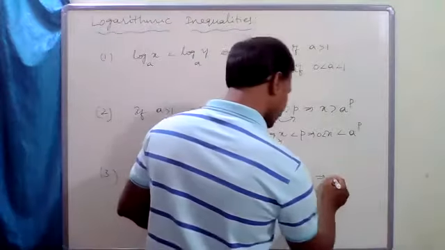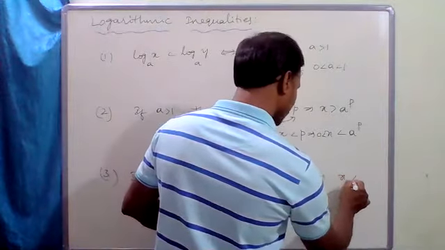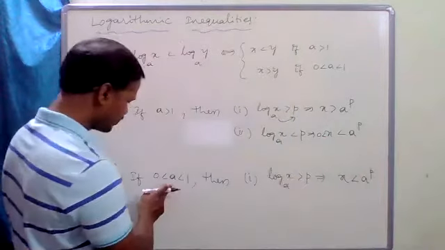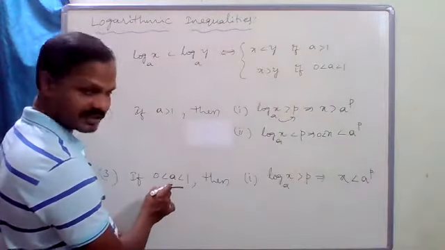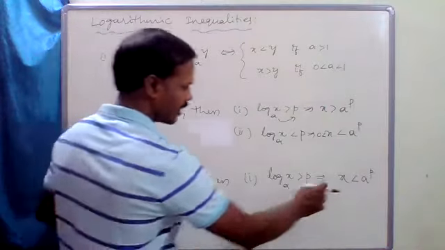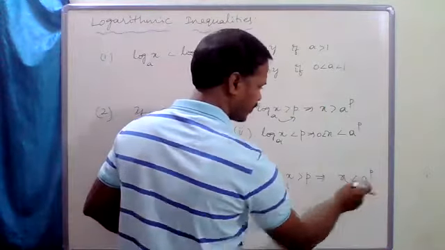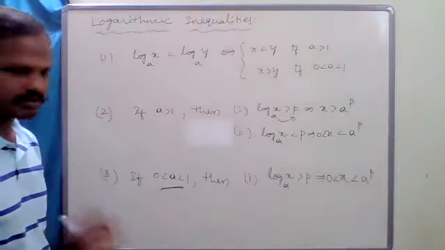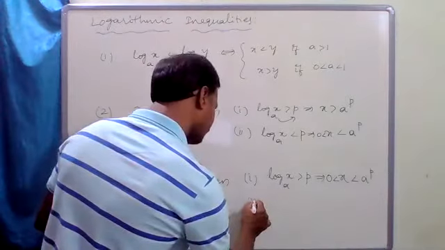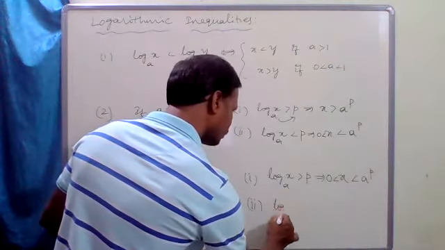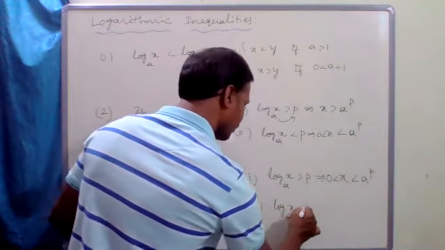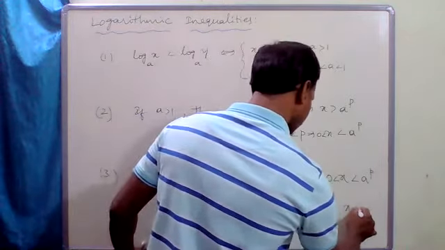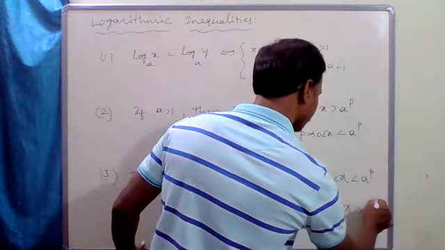Sign will be changed because a lies between 0 and 1. Here obviously we have to use 0 less than x, x must be positive. Now what is the second case? Log x base a less than p implies x greater than a power p.